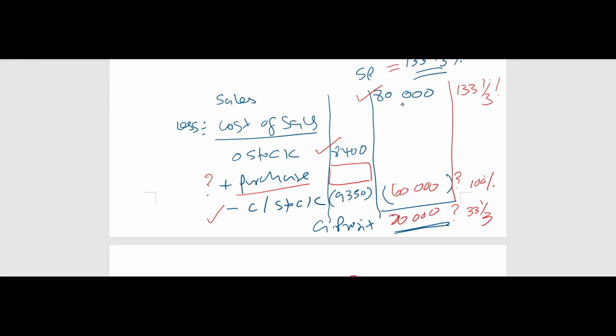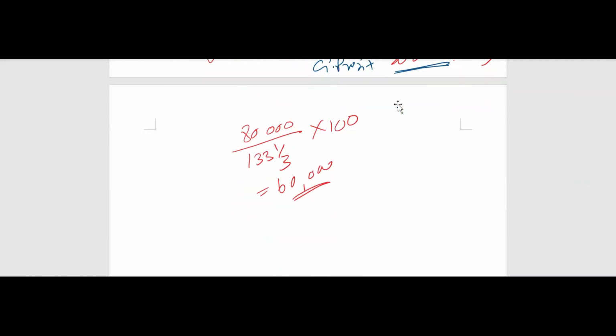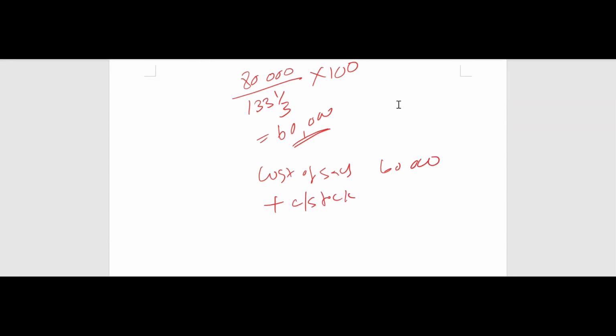Since you know the cost of sales is 60,000, how do you identify your purchases? Take the cost of sales of 60,000, add back the closing stock and minus the opening stock.